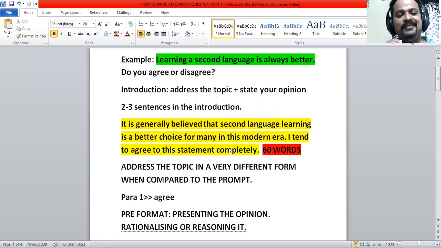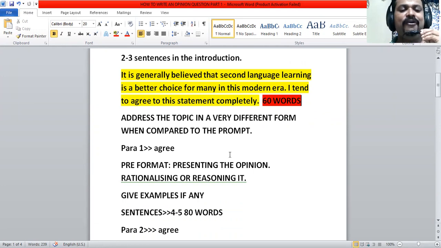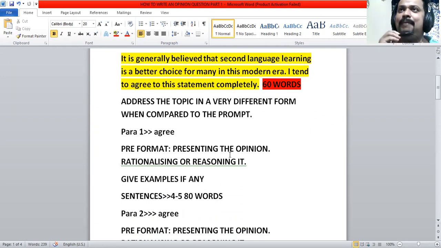First paragraph, this is the PRE format. Okay, so I am going to write 4 sentences. These are the sentences. These are the points that I am going to write. This is the example I am going to write. In the next paragraph, I am going to write another 4 sentences. These are the examples I am going to write. This is the explanation I am going to give.